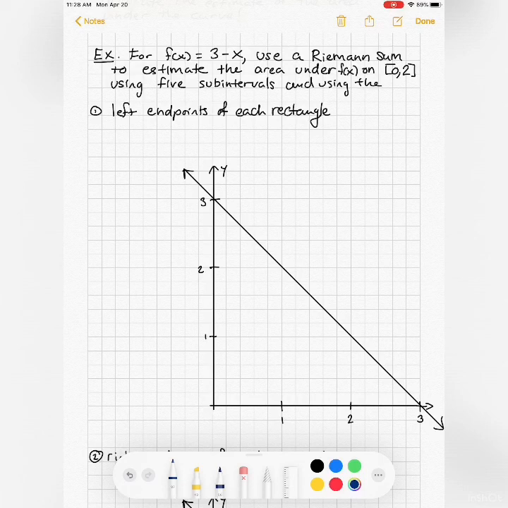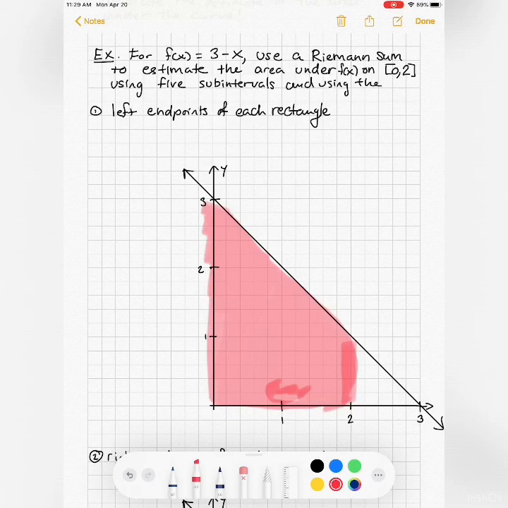And then I started with use the left endpoints of each rectangle. Okay, so let's look at what the goal is. My goal is find the area under this curve between 0 and 2. This actually happens to be a line, okay? So I'm just trying to estimate the area then.